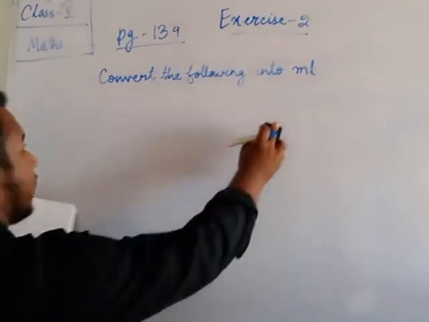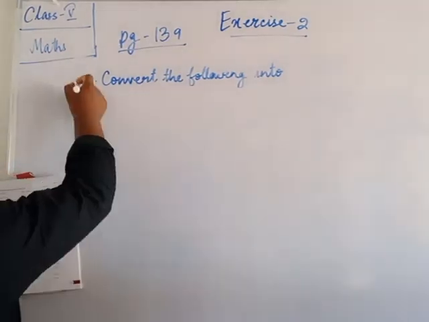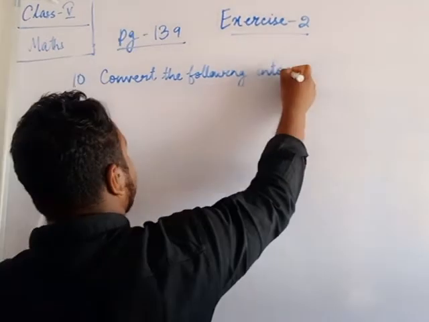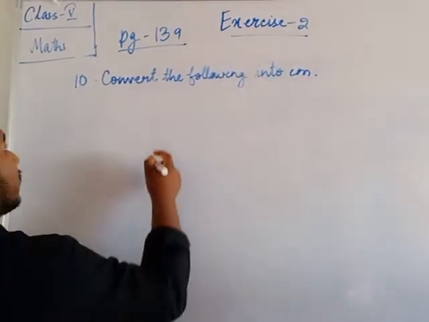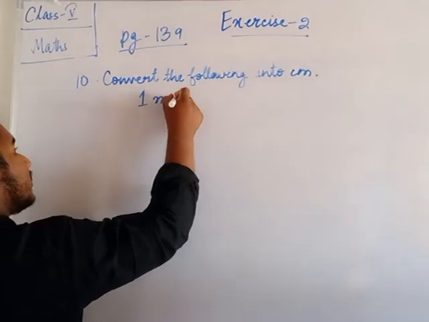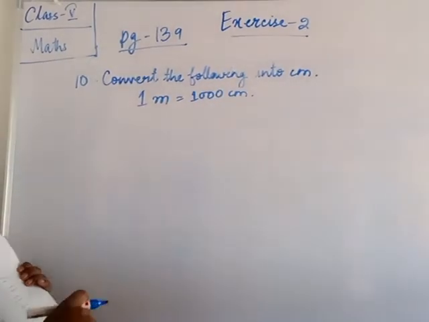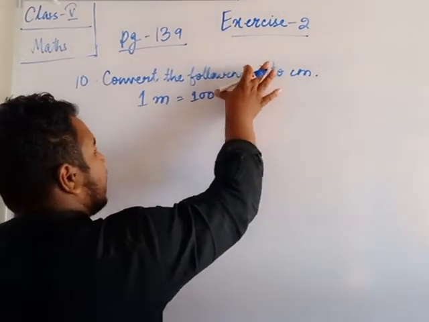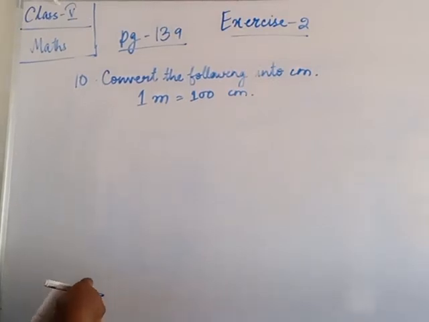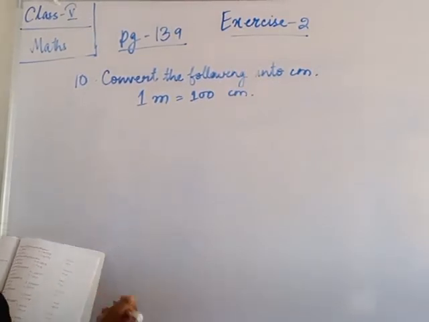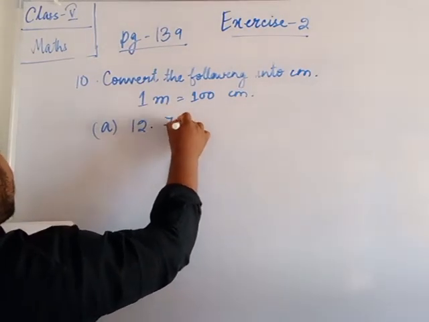Question number 10. Convert into centimeter. Okay. So you write down first 1 meter is equal to 100 centimeter, not 1000. 100 centimeter. Okay. Now we will solve this one. Look here, A number 12.75 meter.